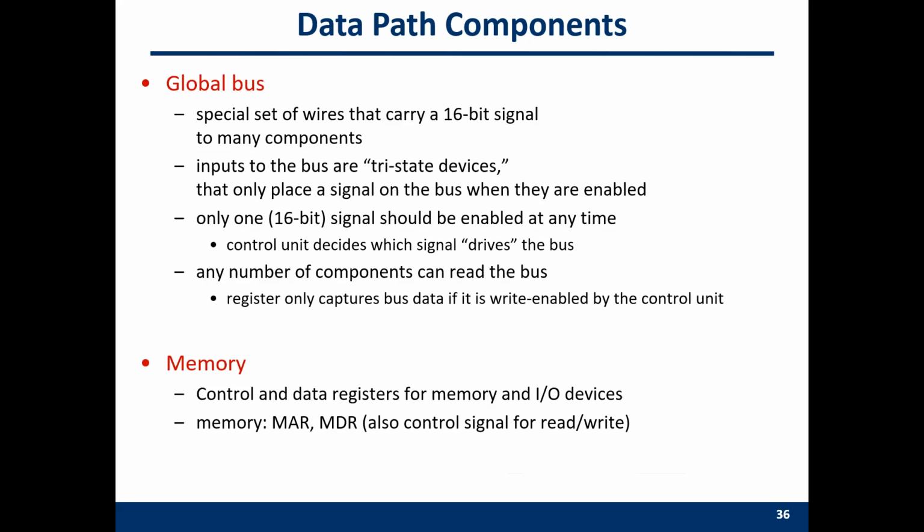Again, any number of components can read the bus simultaneously. We also have a signal to control whether we can write or not. That's the write enable signal, but this write enable signal is actually controlled by the control unit.